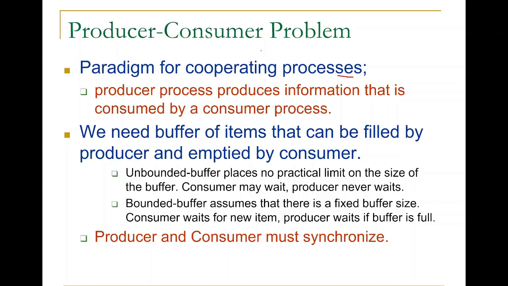Now let's look at the paradigm for cooperating processes. The producer produces information that is consumed by a consumer process. Then we need a buffer of items that can be filled by the producer and emptied by the consumer.